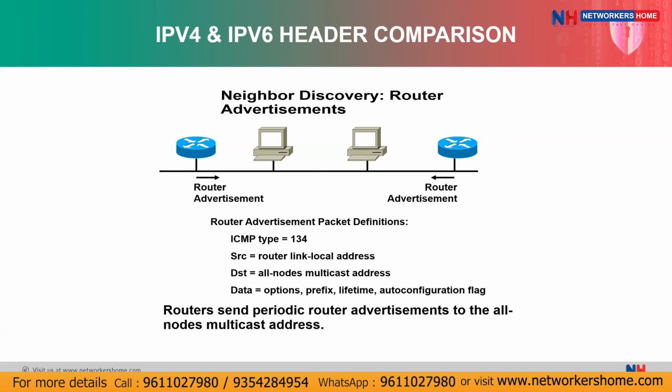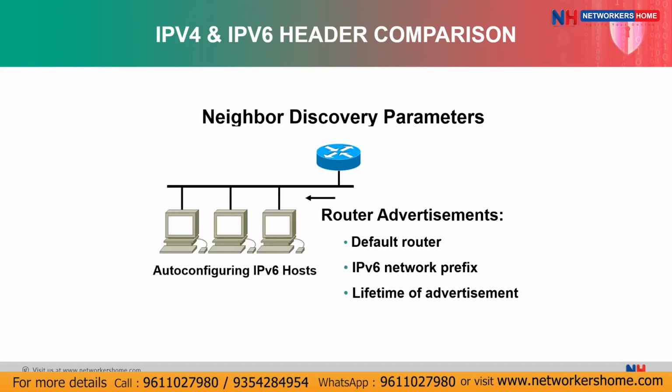And options consist of data path, prefix, lifetime, and auto configuration flag. The router sends periodic router advertisements to the all-nodes multicast address. As I've already mentioned, when a user receives an automatic IP using the auto configuration feature, it finds the default router automatically. It receives IPv6 network prefix information, and the lifetime of the advertisement, that time frame, it also receives.